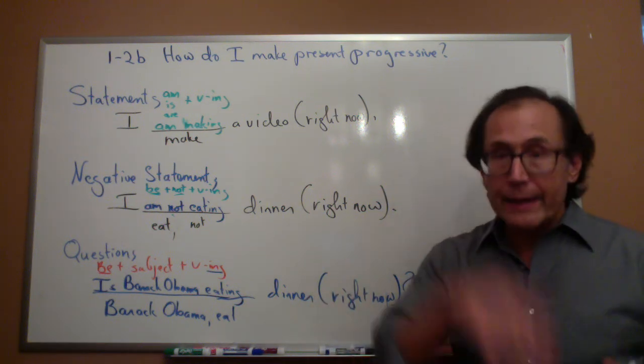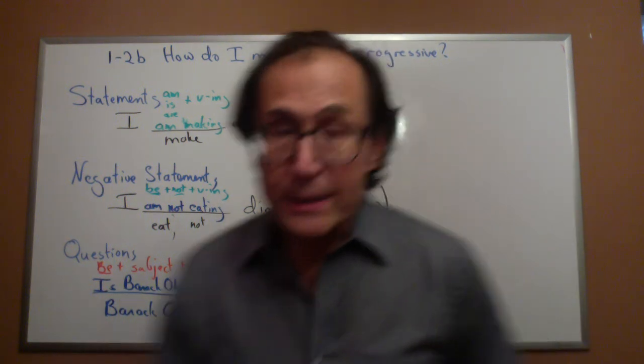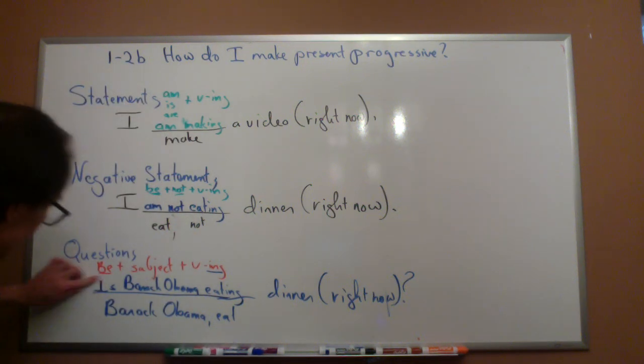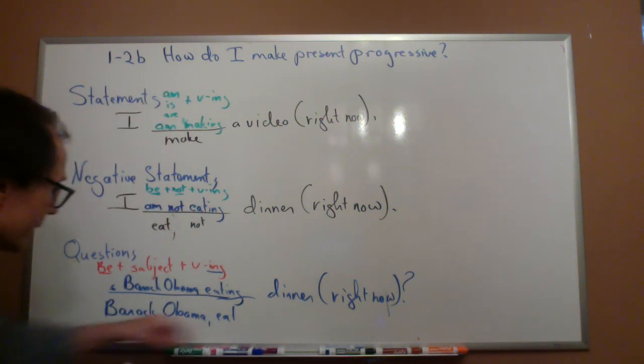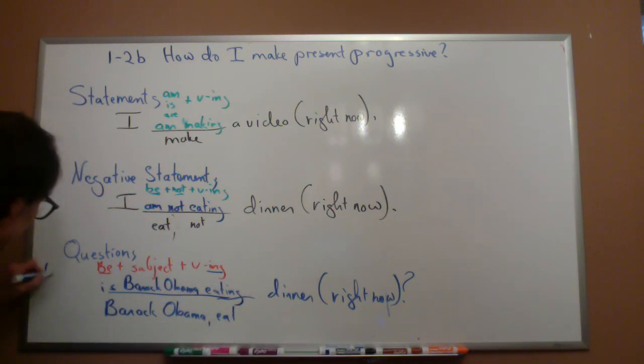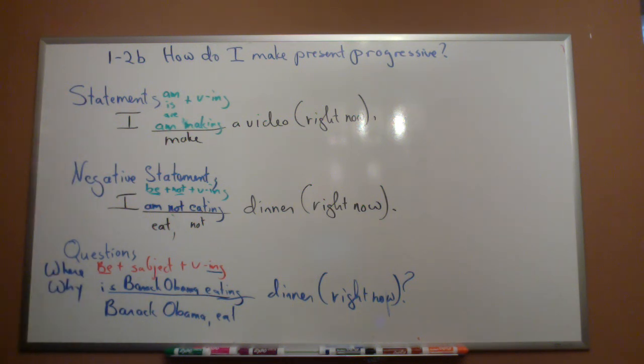No. So I can answer it yes or no. If I want to ask a different kind of question, I can put another word here, a question word, and I can say, where is Barack Obama eating dinner? Or why is Barack Obama eating dinner? Or who is he eating dinner with? Or with whom is he eating dinner?